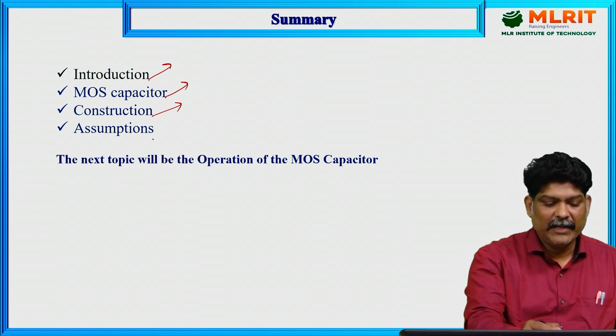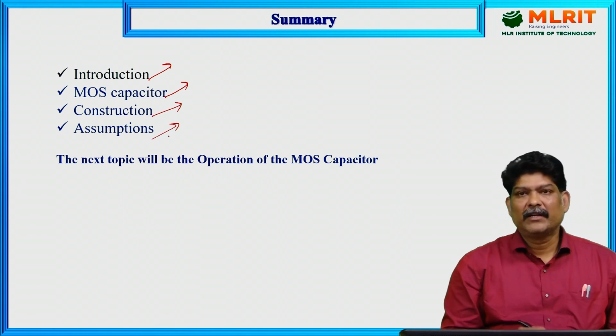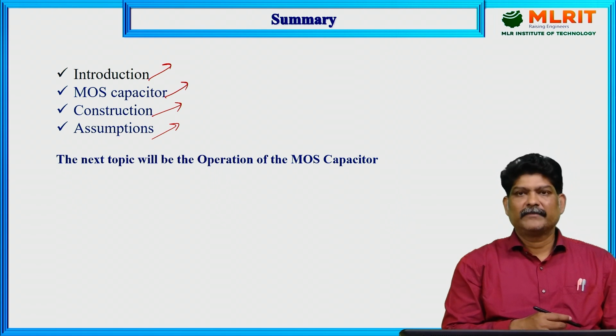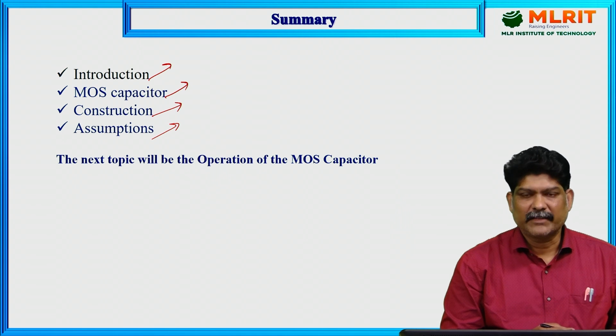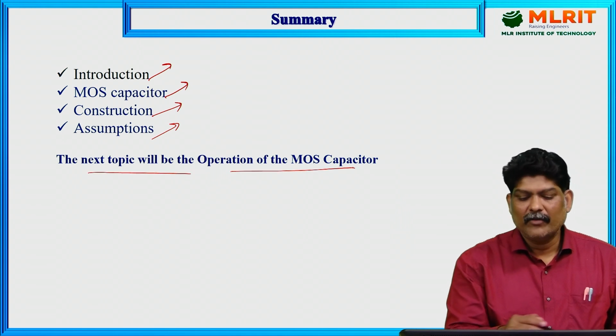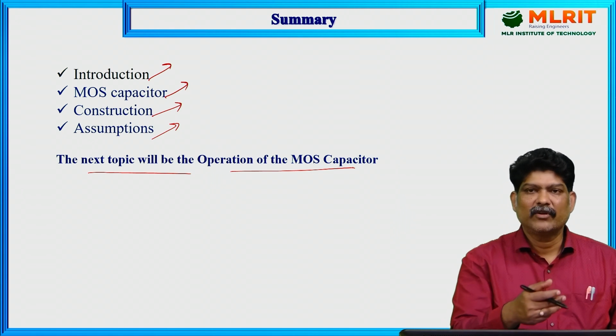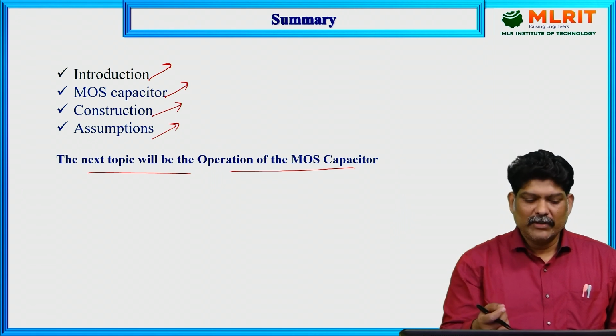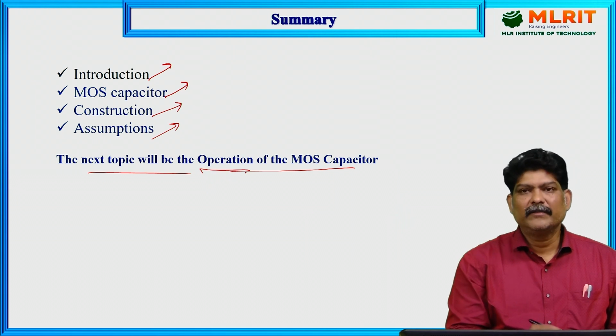We made a few assumptions to analyze the operation further. Probably the next topic will be the operation of the MOS capacitor, and with this knowledge we can analyze it.